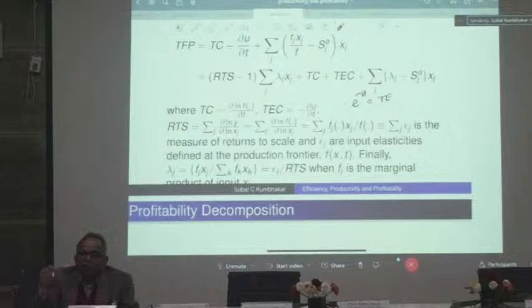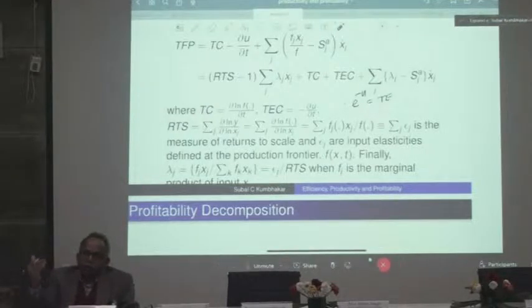So we know what the signs will be, but the whole idea is quantifying. How much of it is each? You can just say which one has a bigger share, do a comparison, or just do a graph to show what is happening to technical change for all the farms. So the idea here is not only to measure TFP dot, but to figure out the different components of it.